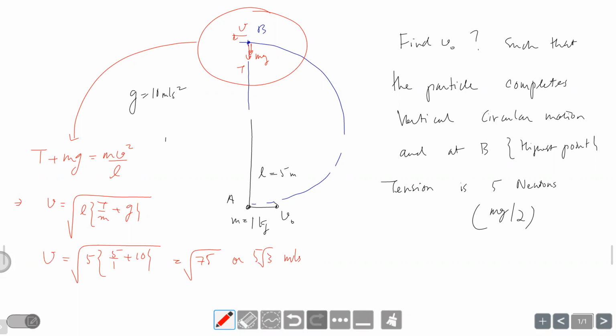This is our speed at the top. Or I can also do it in parallel: mg plus T is equal to mv square by L, and mv square by L is mg plus mg by 2, substituting this value.